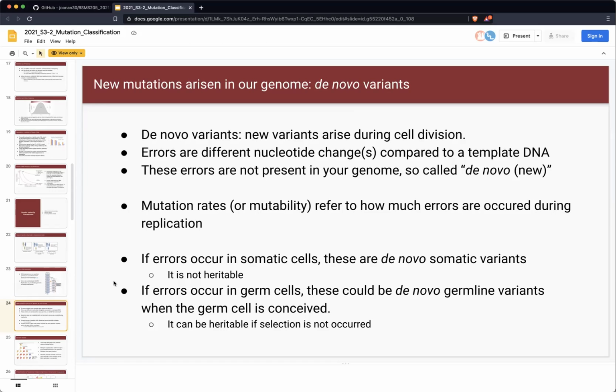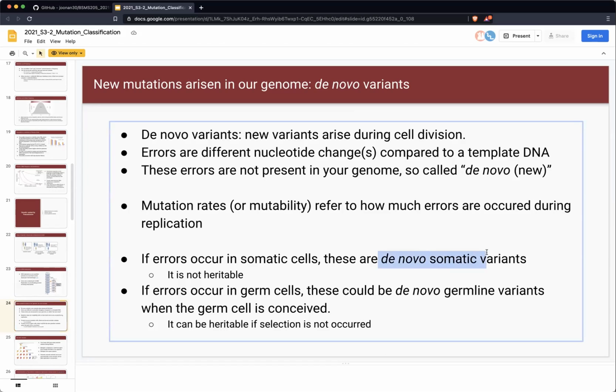That's why different species have different mutation rates. Rabbits, mice, and dogs all maintain their own mutation rates.